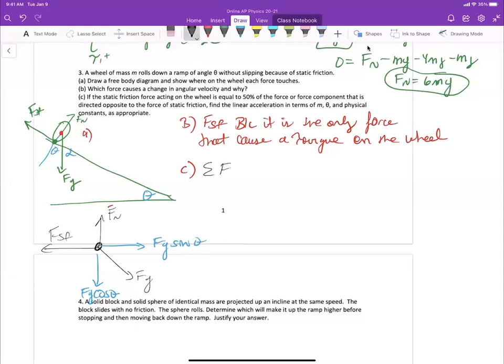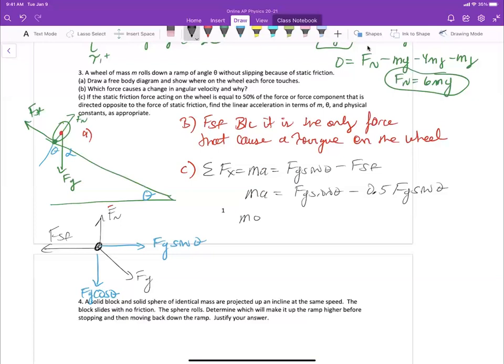So I'm going to sum the forces in the x direction, which is equal to mass times acceleration, which is equal to Fg sine theta. That's my positive because it's to the right, minus force of static friction. They told me my force of static friction was 50% of the force that was opposing it, the component of the force of gravity. So that's 0.5 times Fg sine theta.